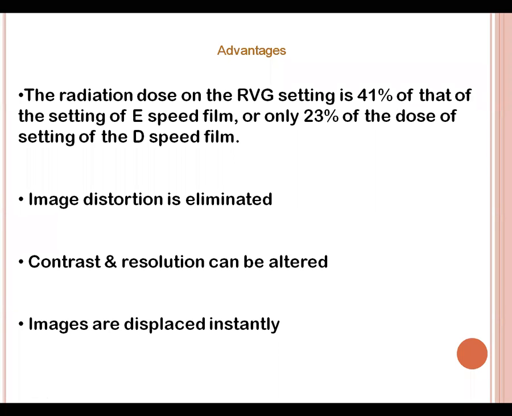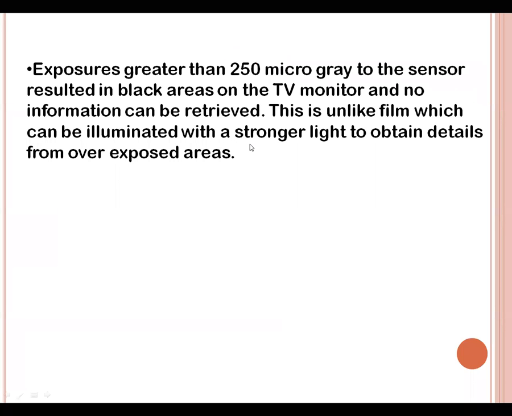But in the case of an RVG, the X-ray shoots only for 0.04 seconds or 0.03 seconds to be specific. Whatever the image, you can always edit it. The contrast can be adjusted, the brightness can be adjusted, because of which you save time while taking an IOPA with RVG.